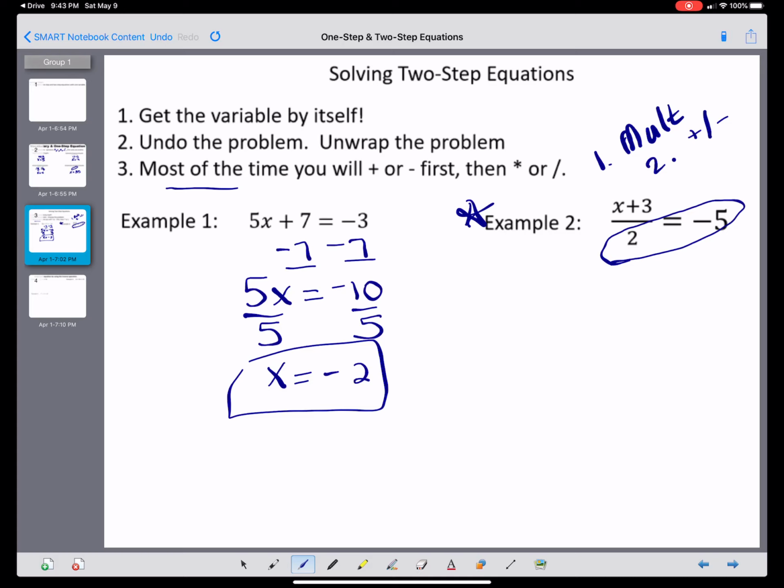Let's write down x plus 3 is equal to 2 times negative 5, which is negative 10. Then I'm going to subtract 3 from both sides. X is equal to negative 13.